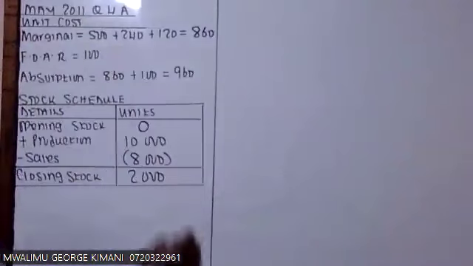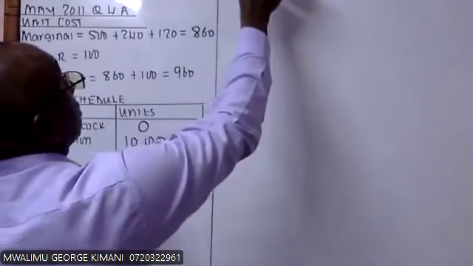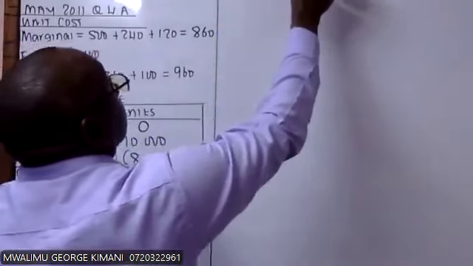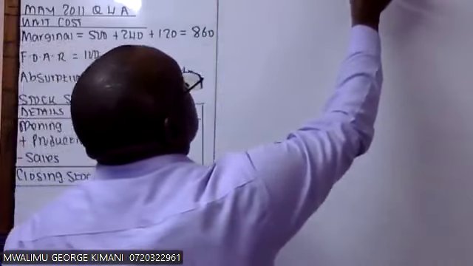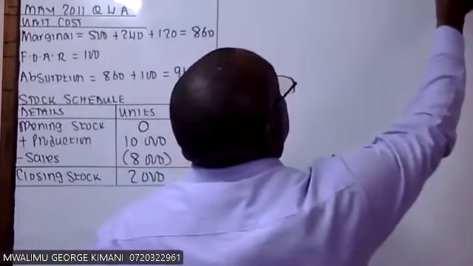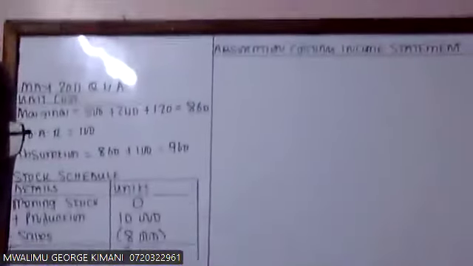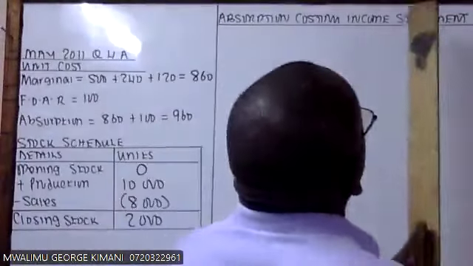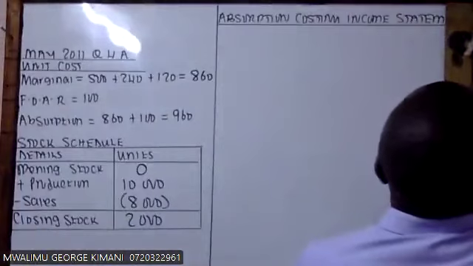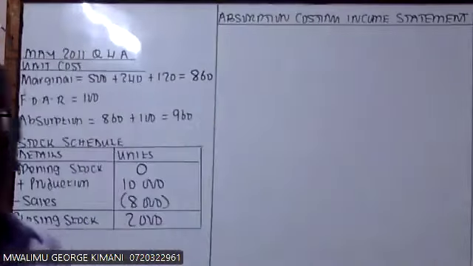We start with absorption costing income statement.